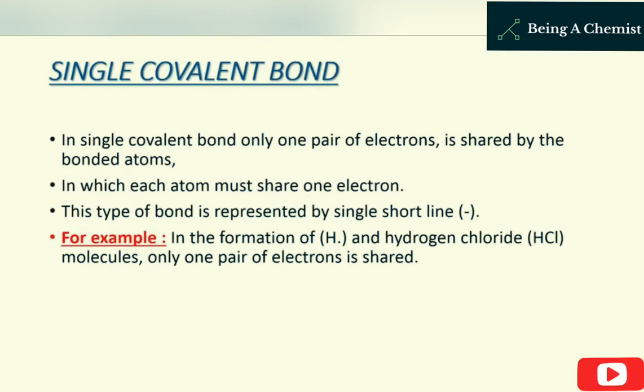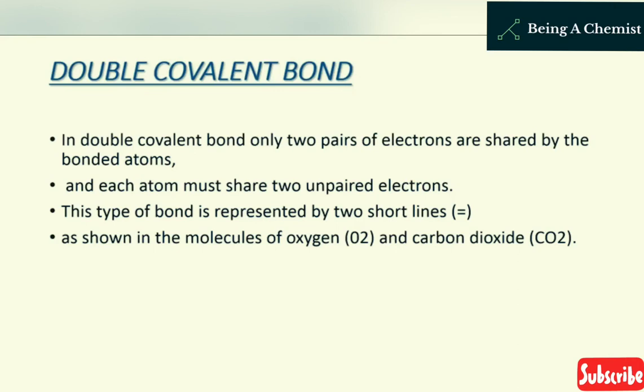So if only one pair of electrons is shared between the bonded atoms, it is considered a single covalent bond. The examples, hydrogen and hydrogen chloride, show the formation of single covalent bond by sharing one pair of electrons between their atoms.